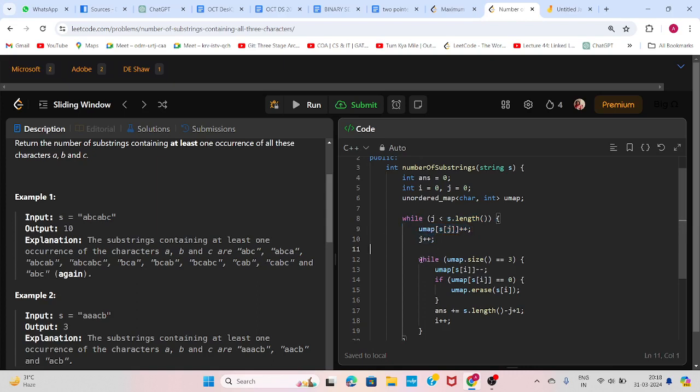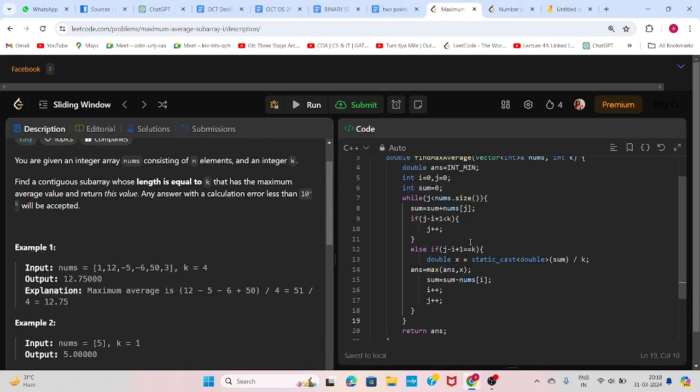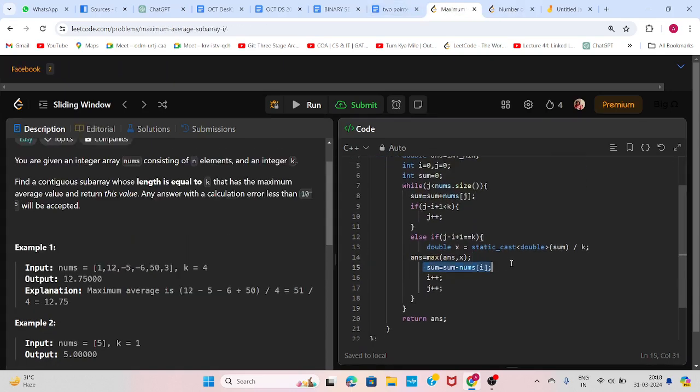Now once we get that the size of the map is 3, what we will do is remove from the first side, like we are moving this window. And how will we move the window? As you can see, we move the window by decreasing this one.